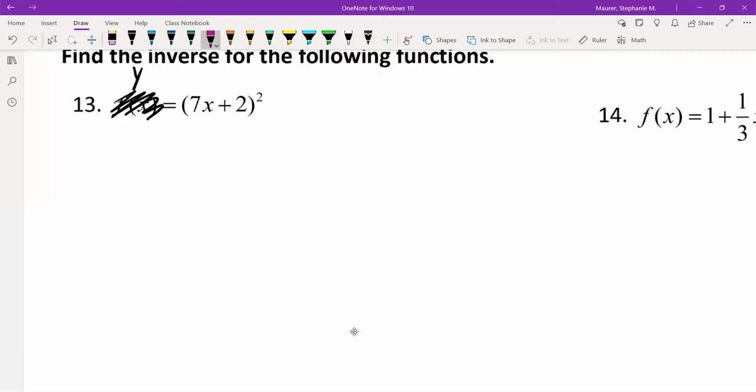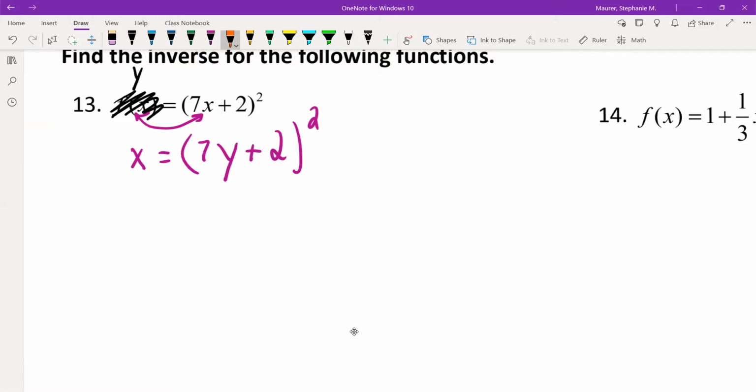So what my equation will look like is x equals parenthesis 7y plus 2 squared. So you literally just switch the x and the y location. Don't change any of the numbers or anything like that, just switching the x and the y. Once you've switched the x and the y, you've kind of done the hard part. And now it's just a matter of trying to get y by itself.